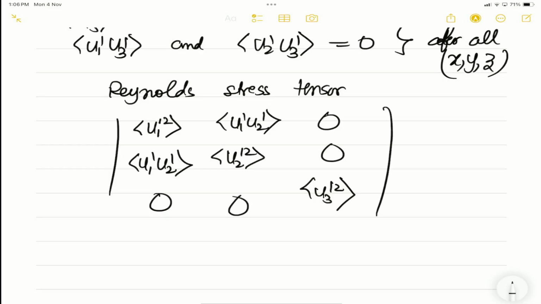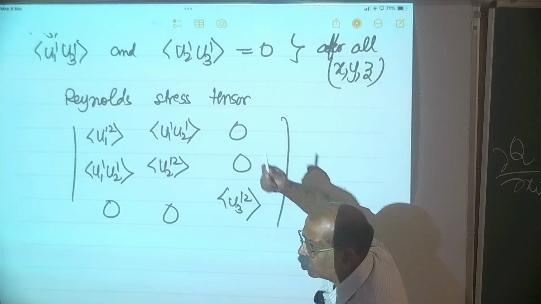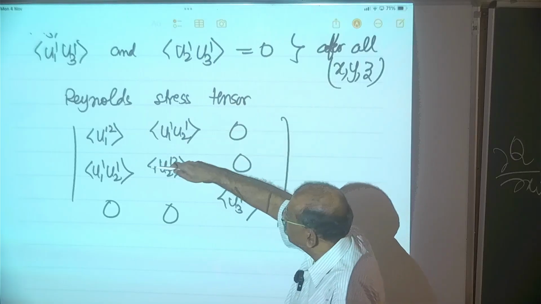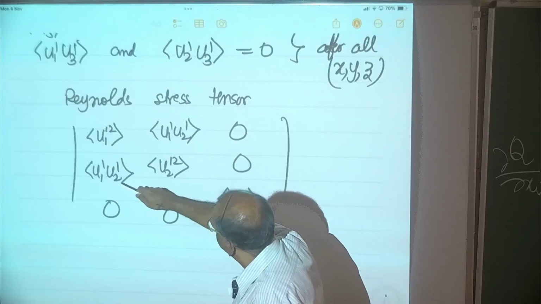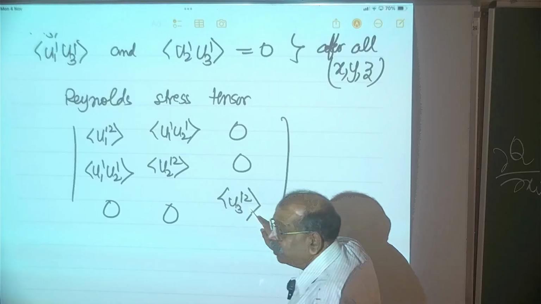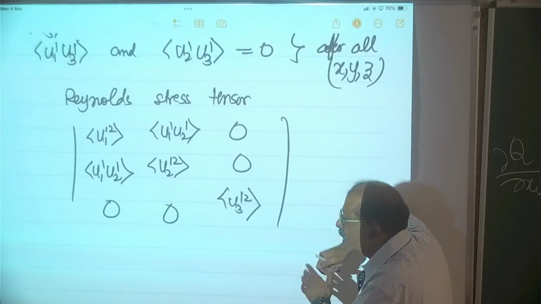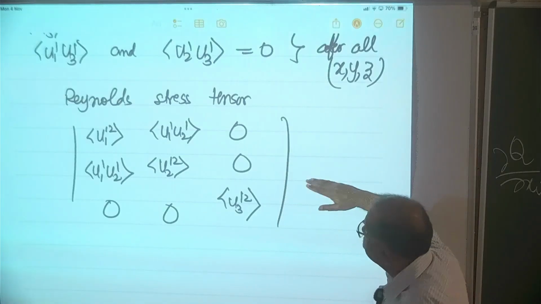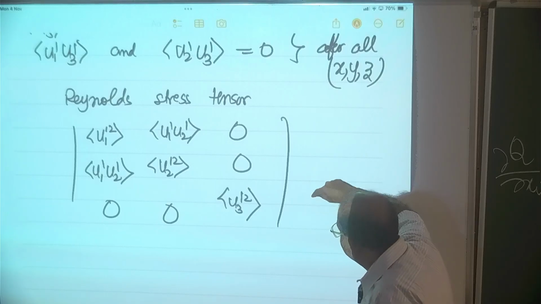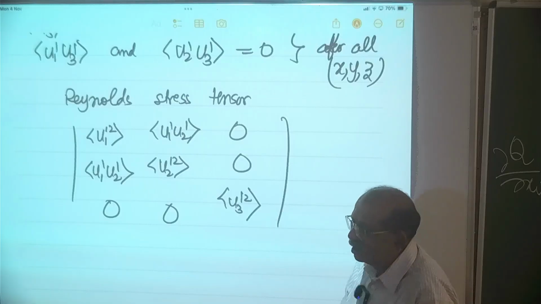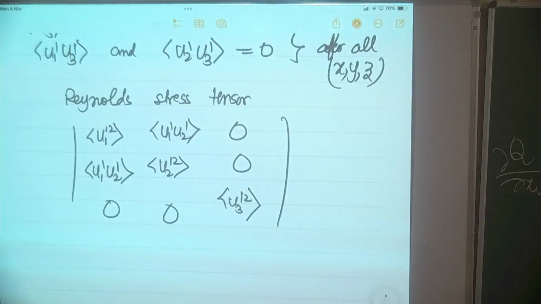In a flow that is two-dimensional in an average sense, it looks like u1 prime square, u1 prime u2 prime, 0; u1 prime u2 prime, u2 prime square, 0; and u3 prime square in the last diagonal entry. Mind you, u3 prime square will not be 0: while u3 as a single quantity is 0, if it's a product, then the square will not be 0. So this is how the Reynolds stress tensor will look.